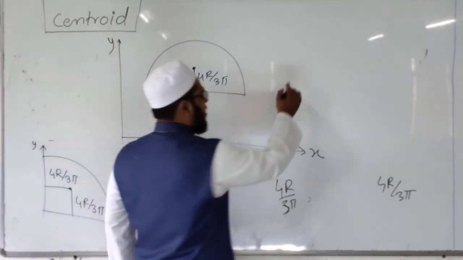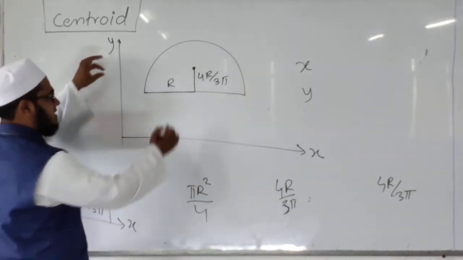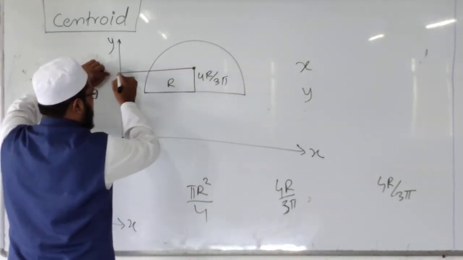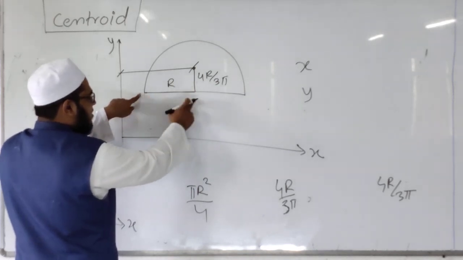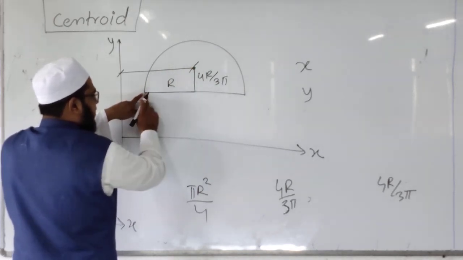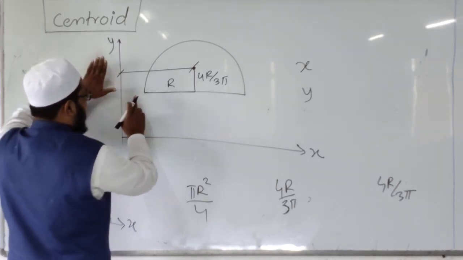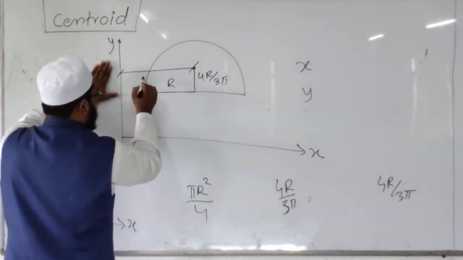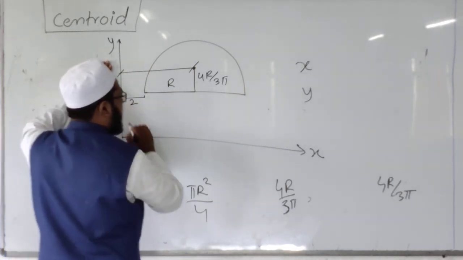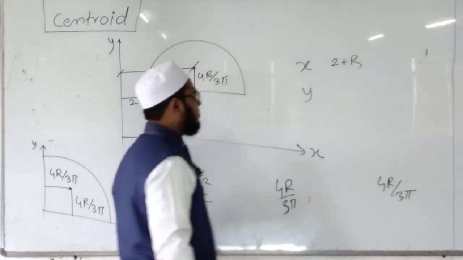If x and y coordinates are required, then x is the distance measured from y axis, so I will measure this distance. I will not write only r, because r is the position if the axis is lying at this point, but the axis position is shifted. That's why we have to consider this length also. If it is 2, then x coordinate will be 2 plus r.